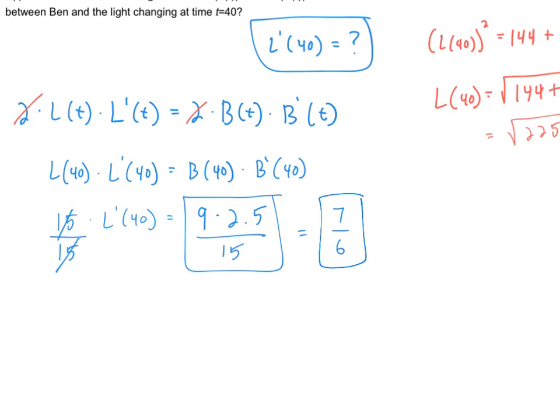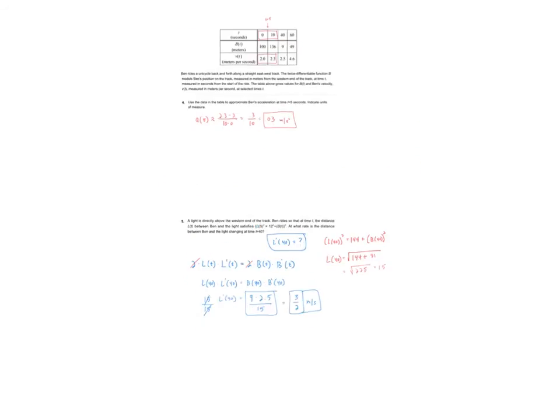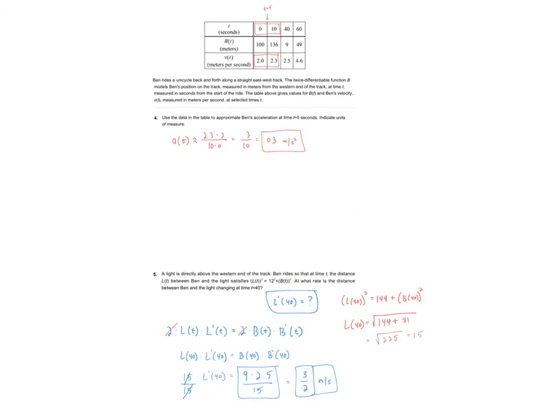Wait, did I do that right? Wait, that's 5. Oh, 45/30. It's 3/2. Okay, just keep in mind this is meters per second. We'll have to add those units. Alright, so that's those two.